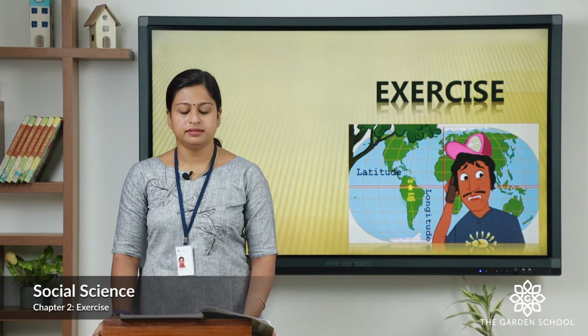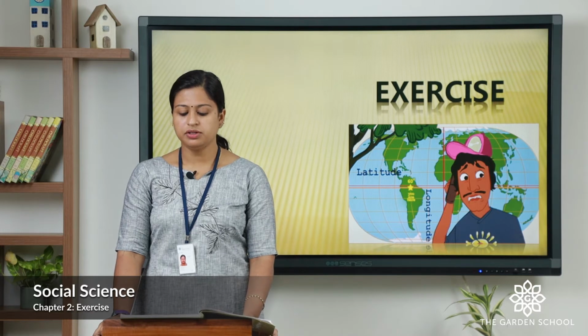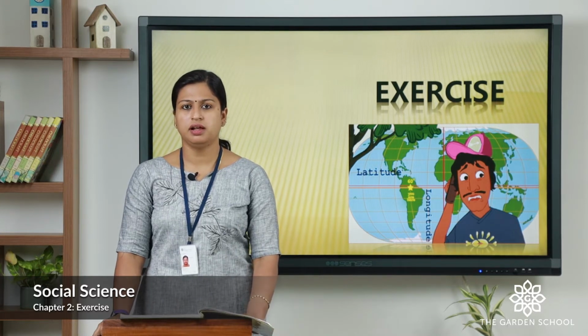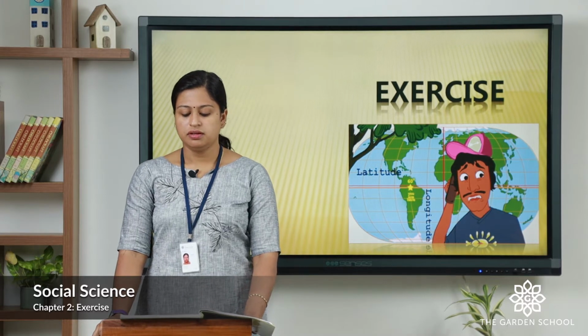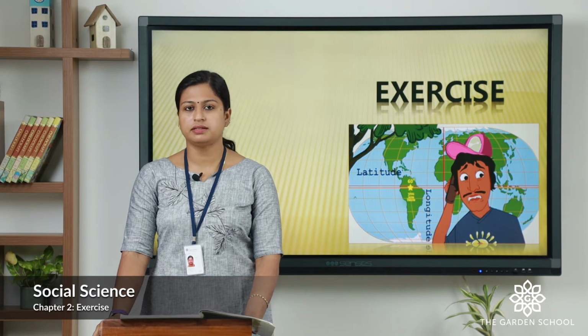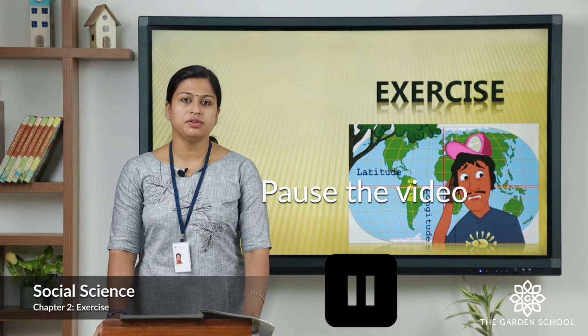On the other side: A, 66.5 degree north latitude; B, a latitude which lies in the middle of the earth at an equal distance from the North Pole and the South Pole; C, a longitude that passes through Greenwich, London; D, 23.5 degree north latitude; E, area between 0 degree and 180 degree west. Now you have to match it.